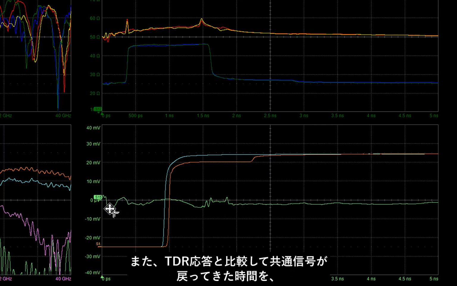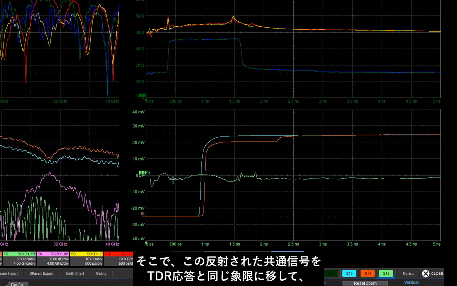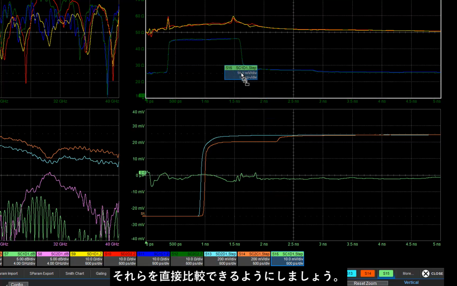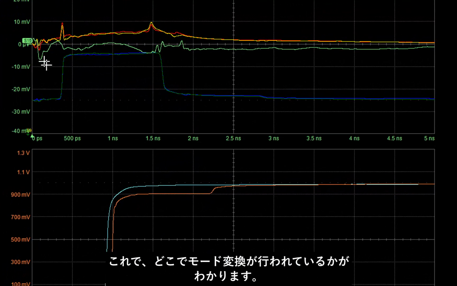And we can also use the time at which we see that common signal coming back, compared to the TDR response, as a measure of where that mode conversion happened. So let's move this reflected common signal into the same quadrant as the TDR response so we can compare them directly. And now you can see where the mode conversion is happening.